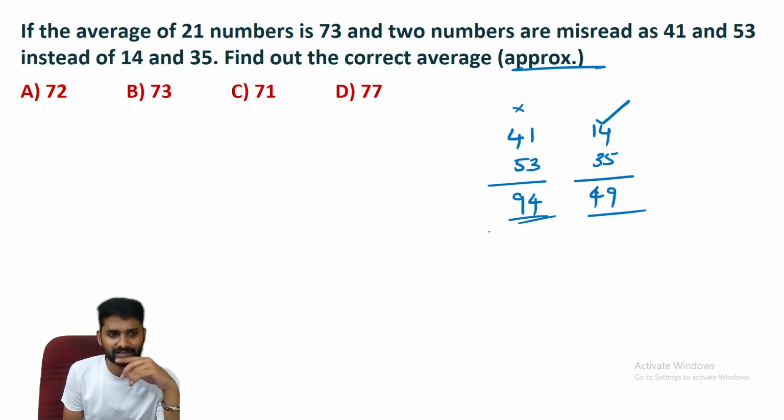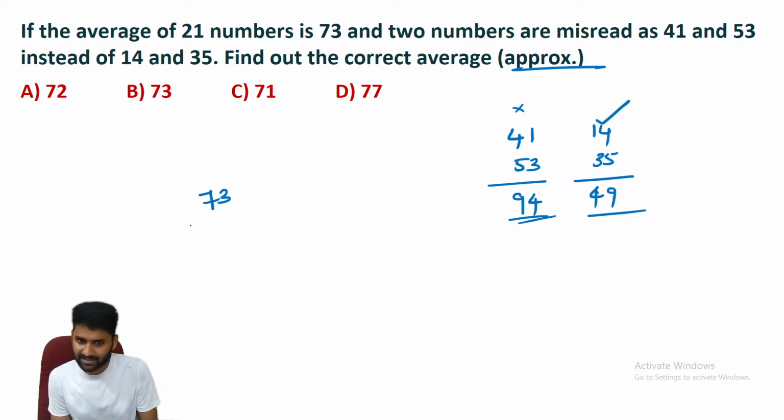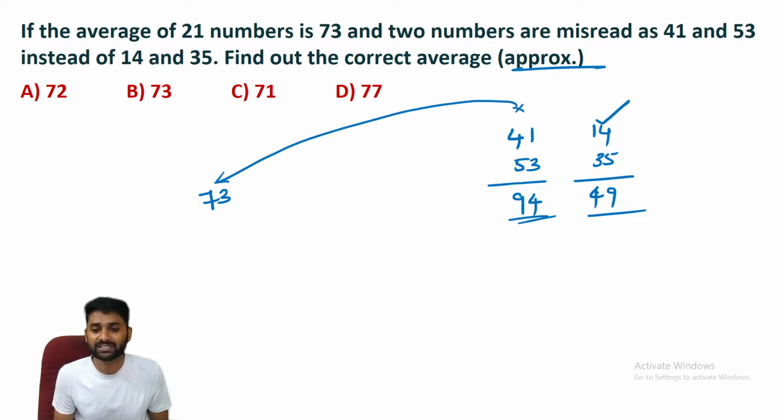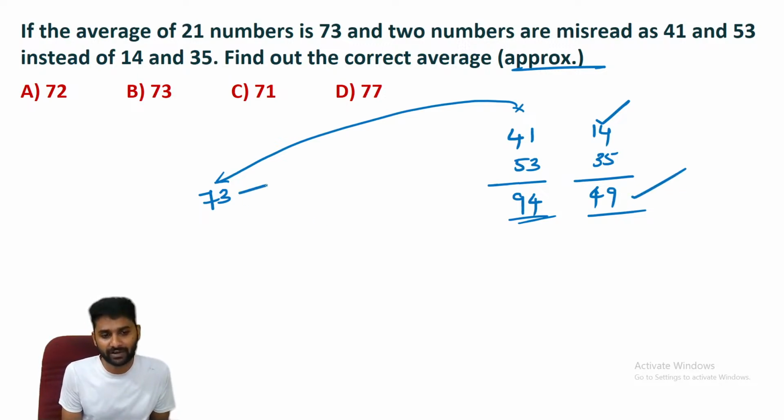You should understand that. See, the already given average is 73. Here the information clearly mentions that it took the wrong numbers. Means they considered these 94 units in the 73 average, but instead of 94, we have to consider 49 units. It means if you replace it with the original value, definitely the average decreases.